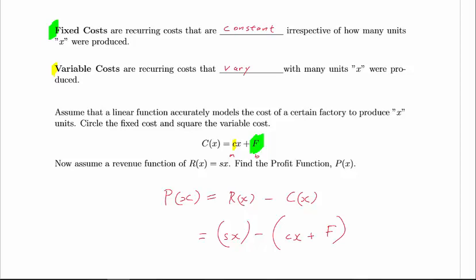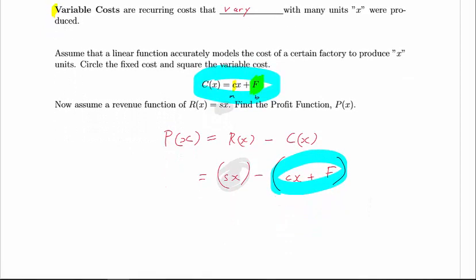And so let me go ahead and highlight this to show that's our C of X there. And then here is our revenue function coming in, which we had right there.